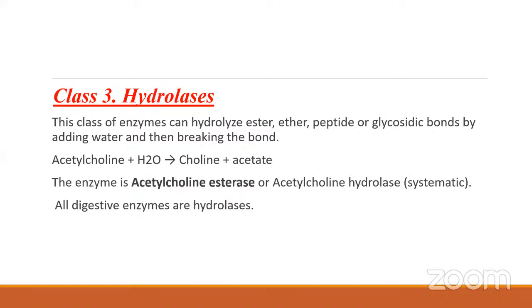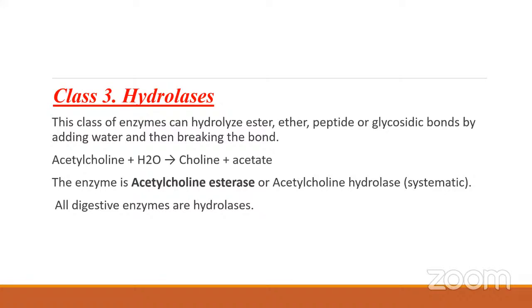Now, class 3 is hydrolases. Hydro means water. By adding a water molecule, the substrate will be cleaved, breaking the bond. So it can hydrolyze ester bonds, peptide bonds, or glycosidic bonds.